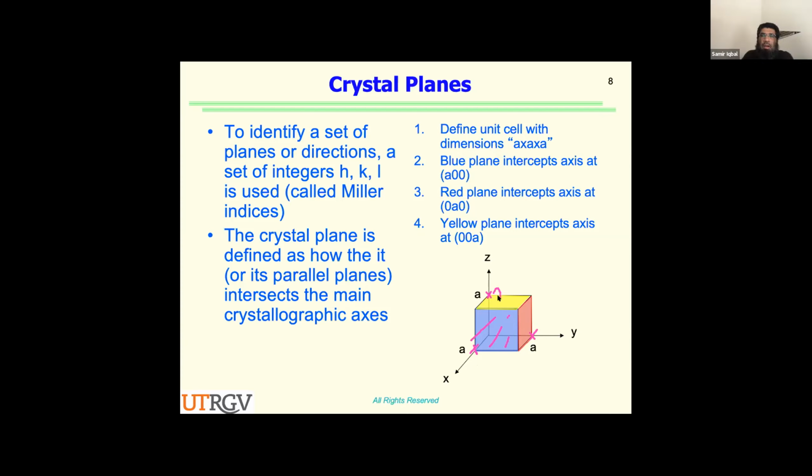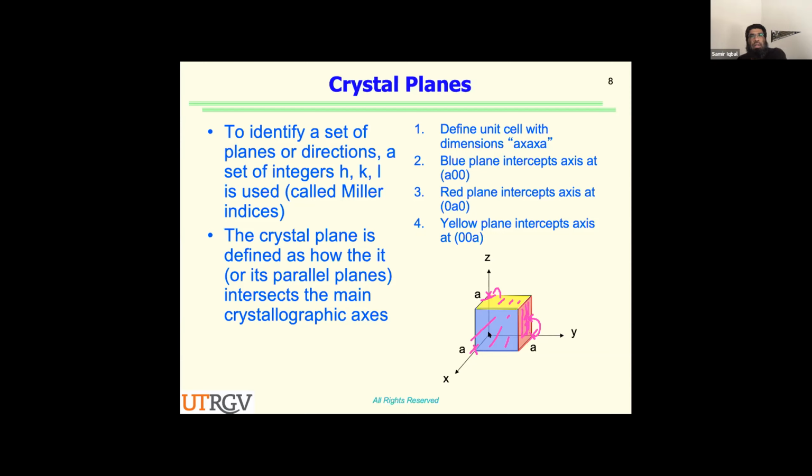This guy is part of the yellow plane. And this guy is part of this plane. So if I find any point on this plane, that would tell me all about the orientation of this plane.